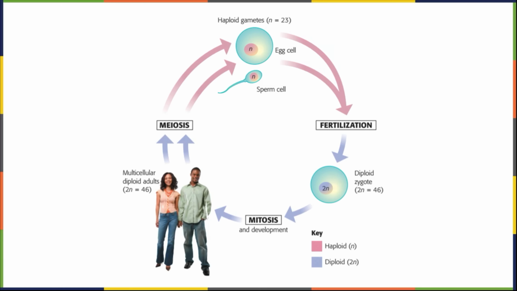So while this life cycle appears to be half haploid gametes and half diploid adult organisms, our experience is a little different than that. But you just want to keep in mind that the reason we're emphasizing the stage of egg cells and sperm cells and haploid gametes is because this is a stage where a lot of the diversity gets set. This is where it arises.